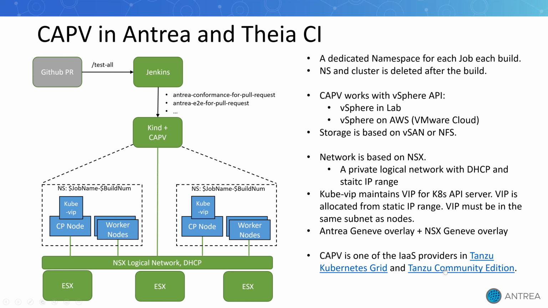And Tanzu Community Edition actually is a tool for you to deploy and manage Kubernetes clusters on different infrastructures. So on vSphere, it's using CAPV, and on AWS, it's using a different bunch of technologies. So this is actually the topology and the overview of CAPV in our lab, and also on VMware Cloud.